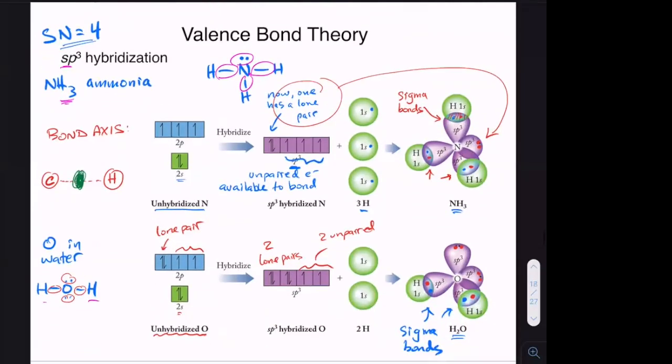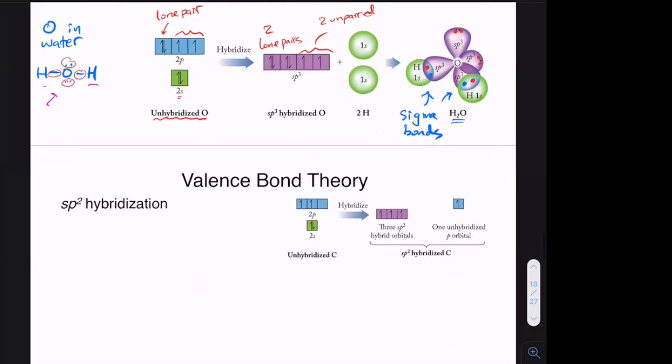With water, we have SN of 4 as well. These are all SN of 4. And with that, you have 4 hybrid orbitals, which we're calling sp3. And there's no unhybridized p orbitals.